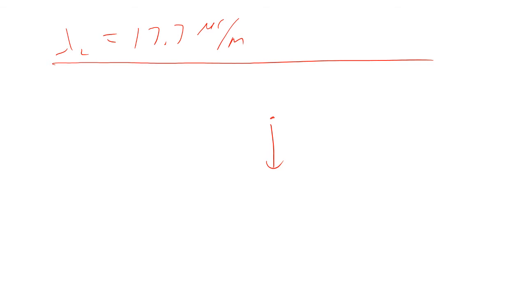And so away from the wire, since we're below the wire, that's going to be in the minus j direction. And so E2 is going to be equal to lambda 2 over 2 pi epsilon naught R2. Now R2 is going to be that y right here. So the y dimension was 6.5 centimeters.